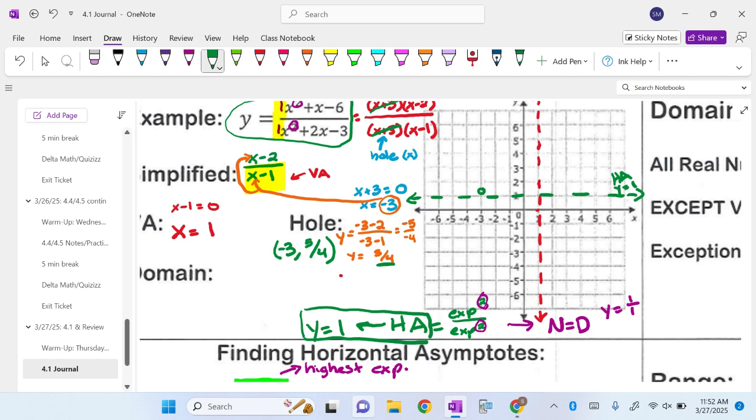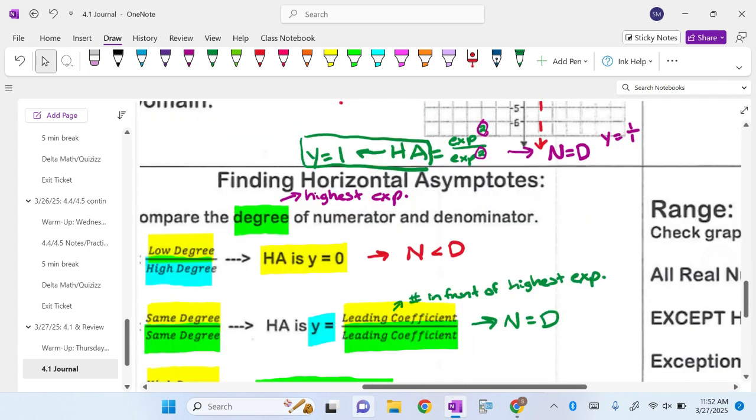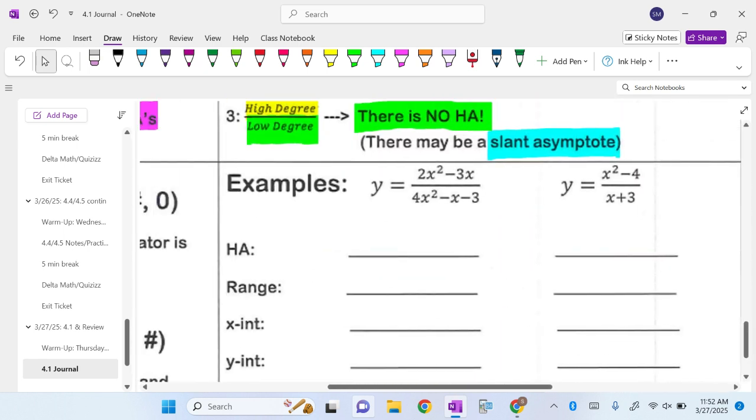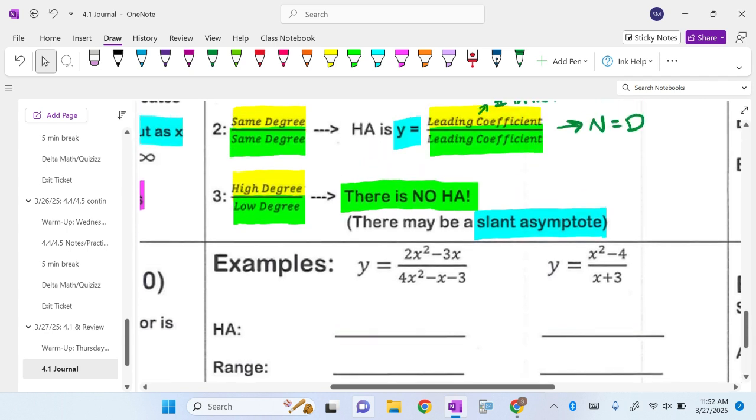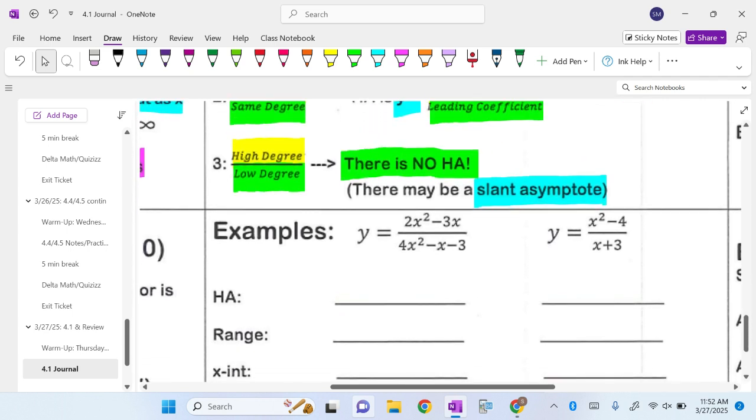Now, let's look at some other examples, these two right here. Look at the leftmost example. These are the original functions. We're not simplifying them. First off, what's the degree of my numerator? 2, because that's my highest exponent. What's the degree of the denominator? 2. You're just looking at the exponent to determine the degree.